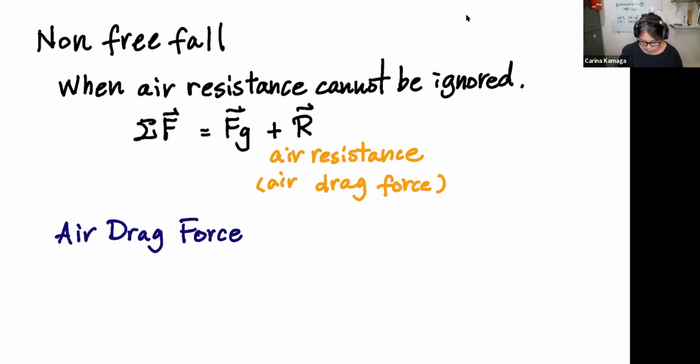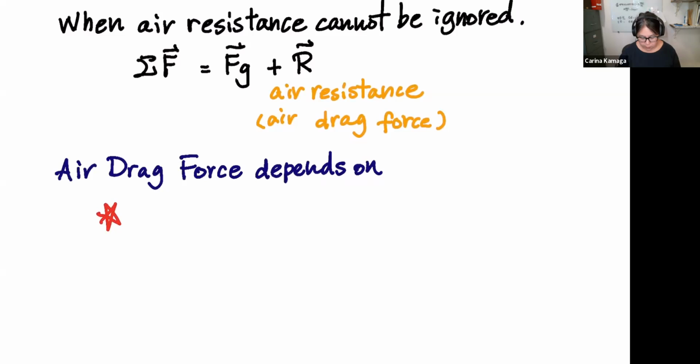The force depends on two things. One thing that the air drag force or air resistance depends on is the frontal area of the object.